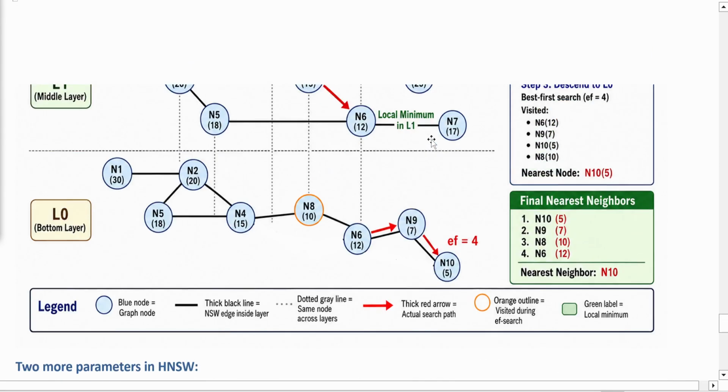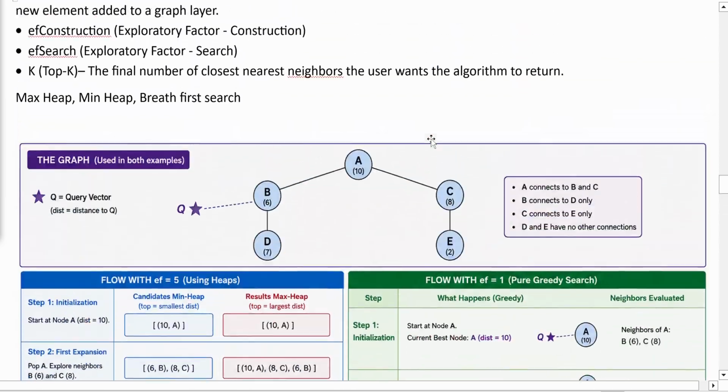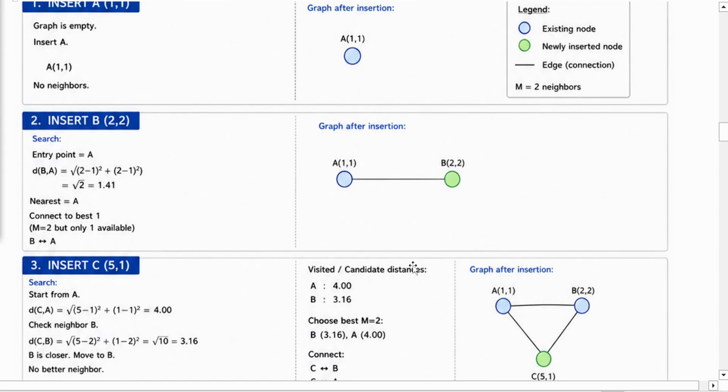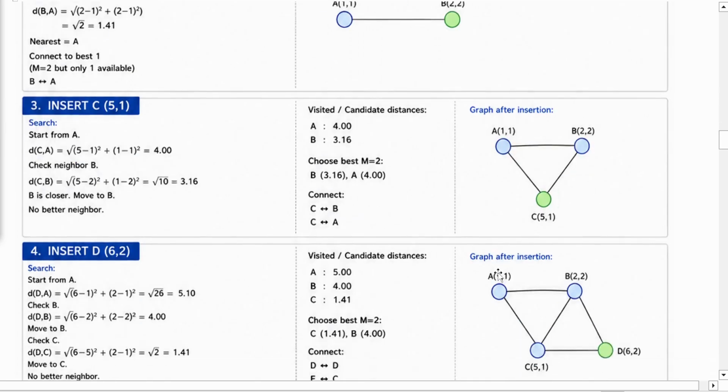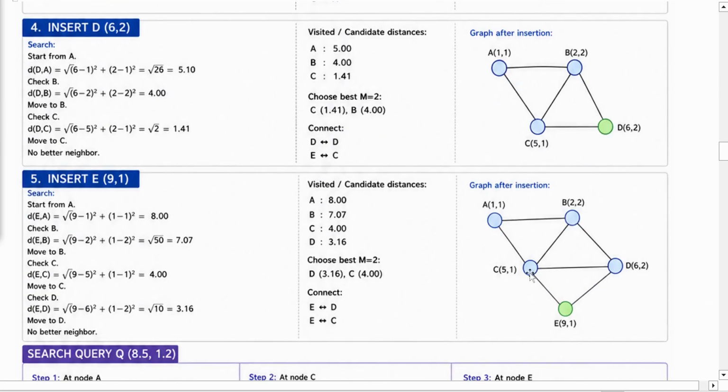If you go back and try to understand NSW, see here m is equal to 2, right? If we keep m equal to 2, then for this particular node, let me show you, we have 1, 2, 3, 4 edges.